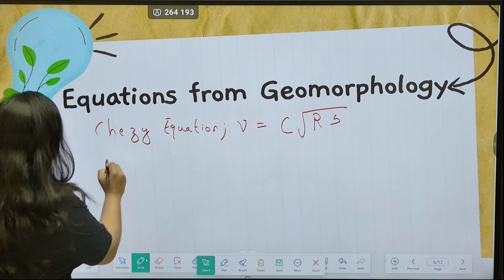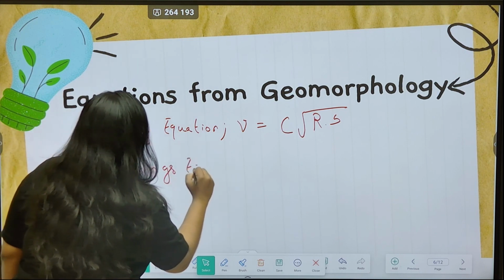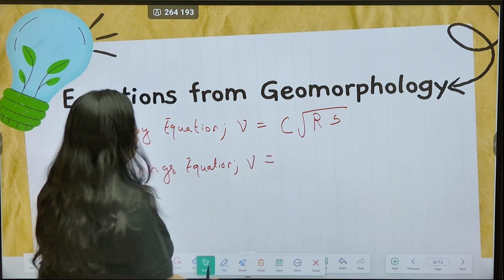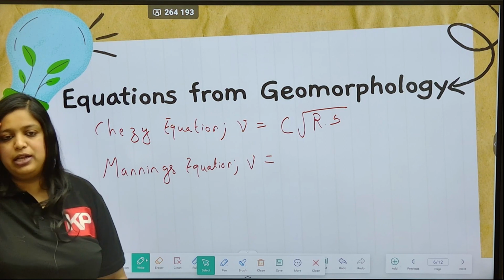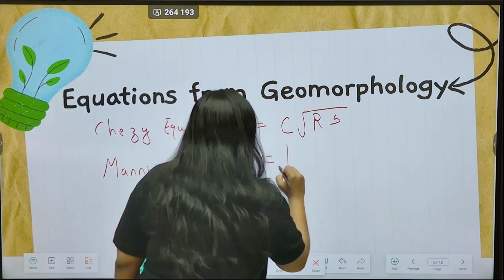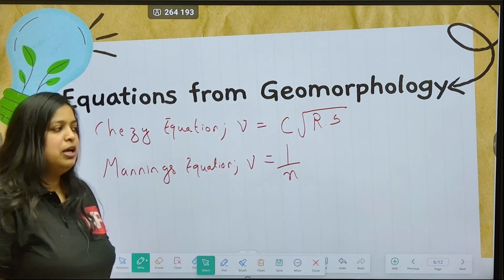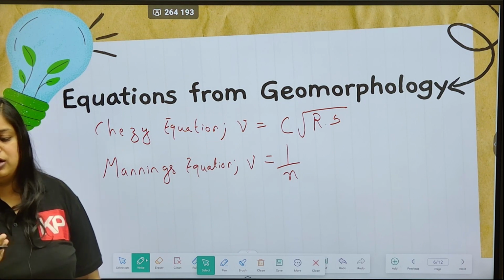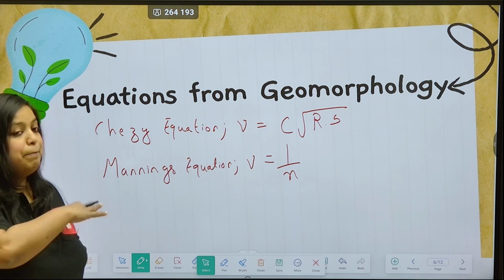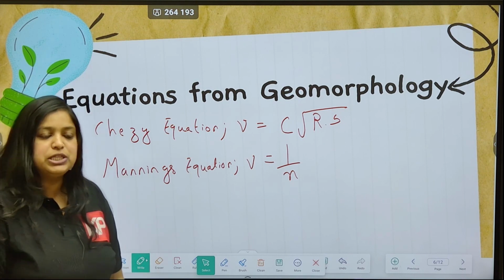Now another terminology is given by Manning's equation, providing the mean flow velocity again. According to Manning's equation, the mean flow velocity is equal to 1 by n, where n is Manning's roughness coefficient. It is an index of the channel bed roughness, which gives us an idea about the friction of the channel bed.